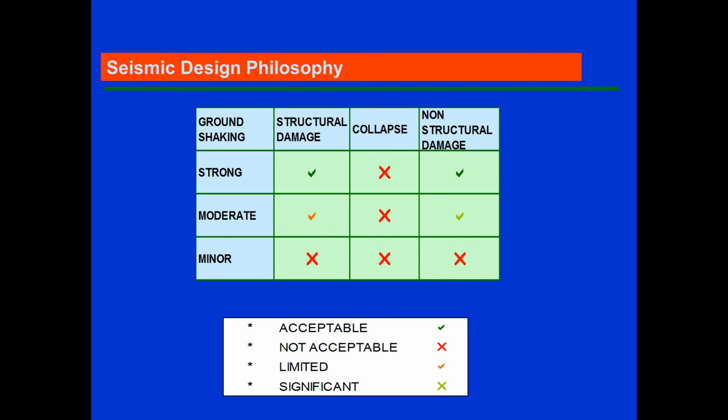If the ground shaking is somewhat moderate, in that case the structural damage is somewhat low as compared to the strong one, then collapse is not allowed. Then if there is a minor ground shaking, then structural damage is not allowed, collapse is not allowed, and non-structural damage.